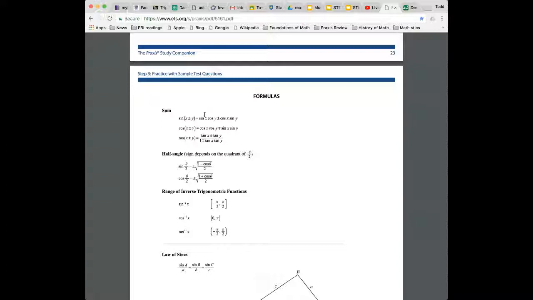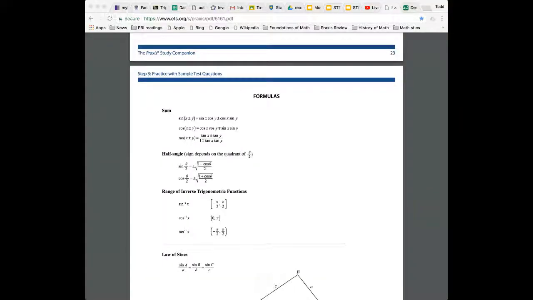So if it has a sine and a cosine, that might lead me to look at the sum angle identity for sine, because it has sine times cosine in it. You follow me on that?